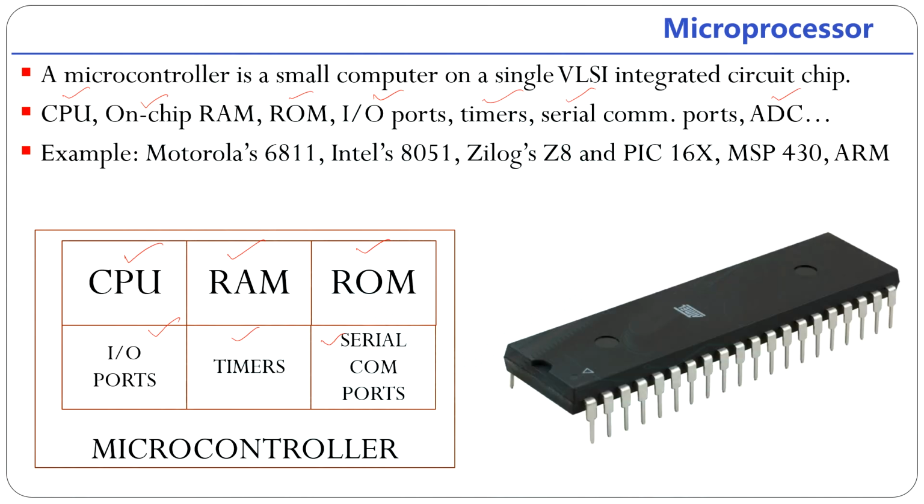A microcontroller IC may look like this. Some of the ICs may have dual inline packages. Some of the ICs may have quad packages. Quad packages means pins are available on four sides of the IC.